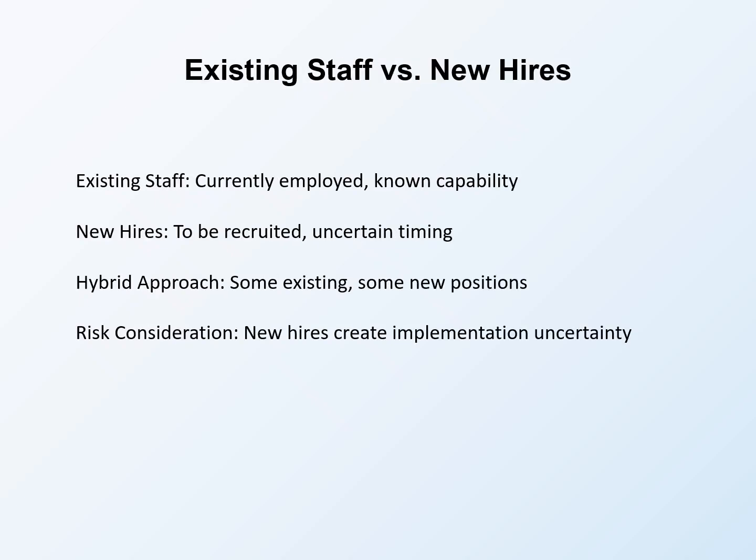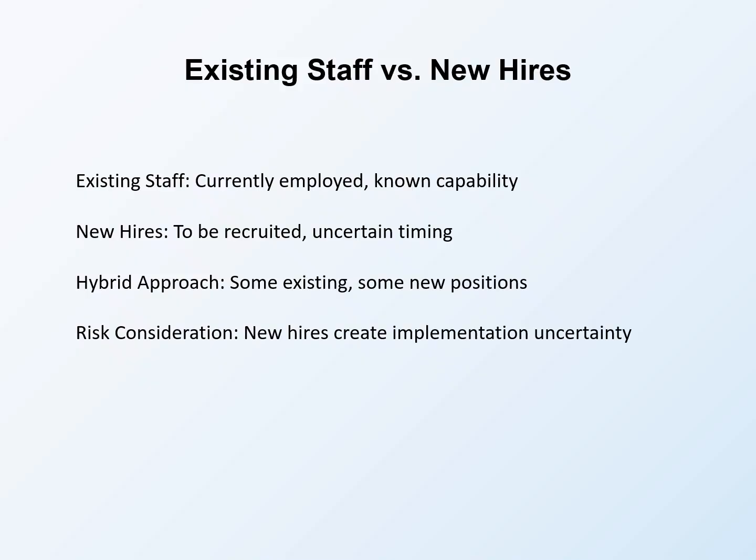Existing staff versus new hires affects implementation. Existing staff are currently employed with known capability. They can start immediately. Their qualifications are proven. Using existing staff reduces risk. New hires will be recruited with uncertain timing. Recruitment takes time. Quality of hires is unknown until they start. New positions create uncertainty.